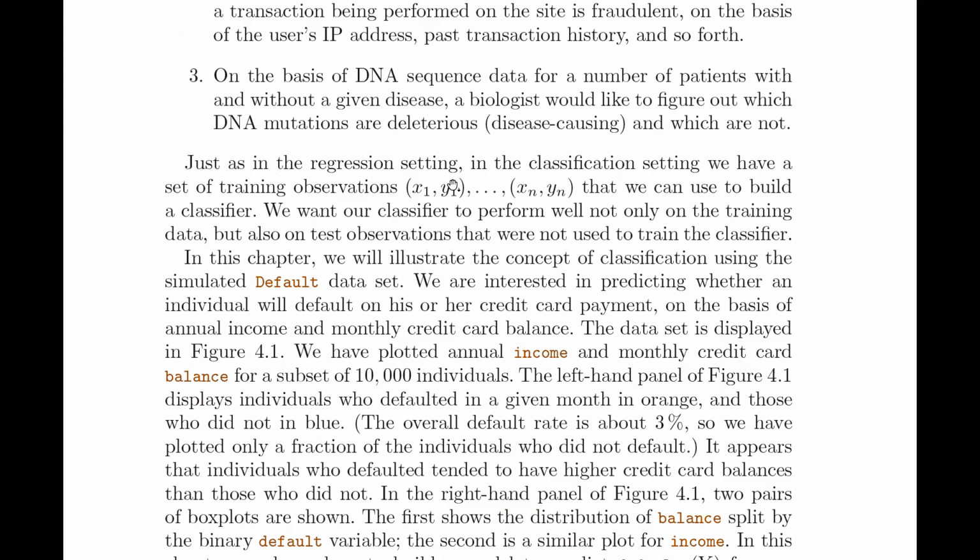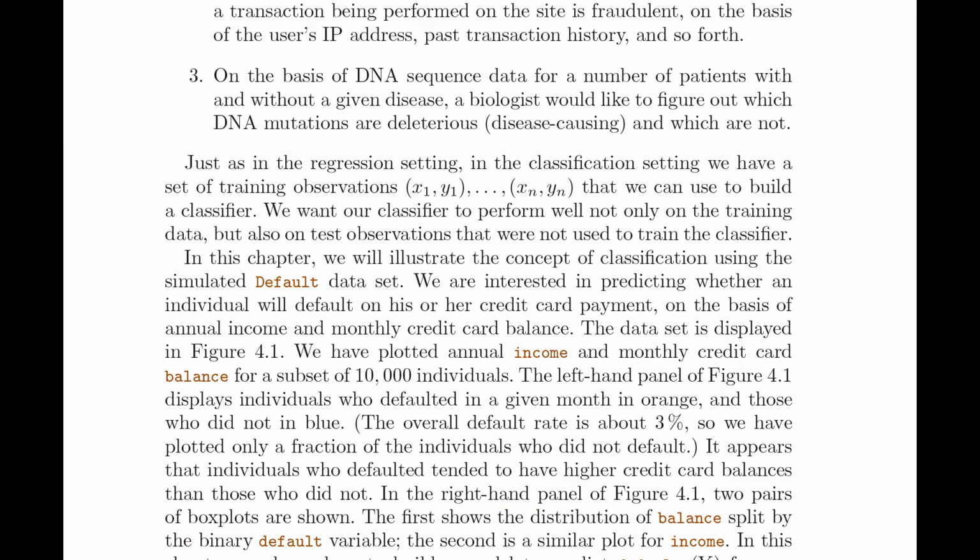Just as in the regression setting, what's really great about this chapter is that a lot of it is going to be a revision of chapter 3, when we were working with simple and multiple linear regression. We're a lot more familiar with the notation.